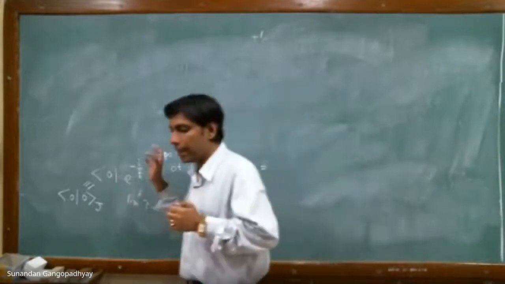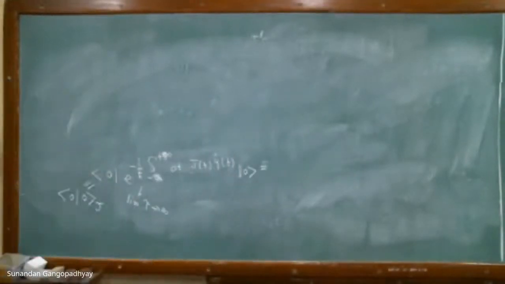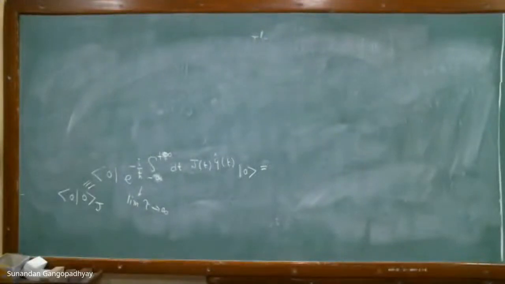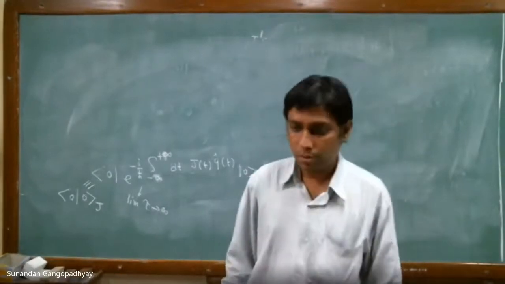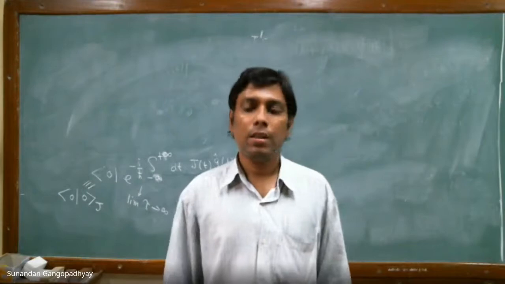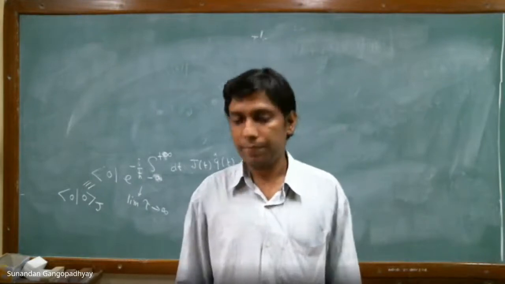You can rewrite this and get it. So maybe I will just keep this as an exercise. If you are unable to do this, then I shall do it in the next class.